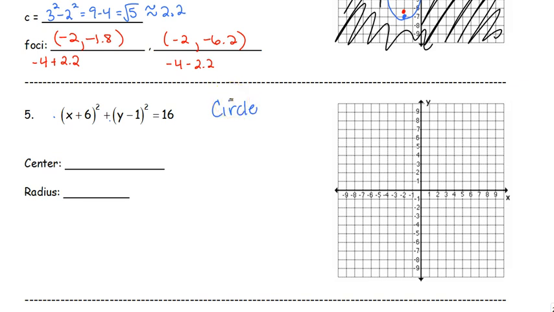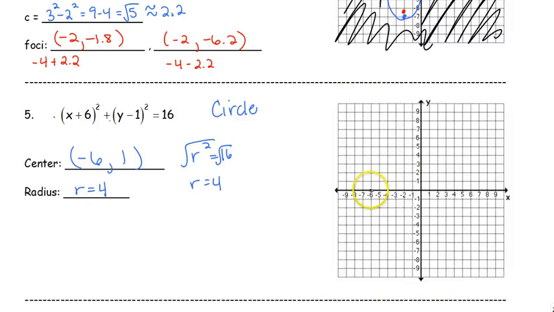The center is -6, 1. And our equation for a circle is set equal to r squared. So r squared is equal to 16, therefore r is equal to 4. Our radius is not always a nice number like that. Sometimes when you have ellipses or hyperbolas, your radius might be the square root of 10. So don't get freaked out if it's not always perfect.